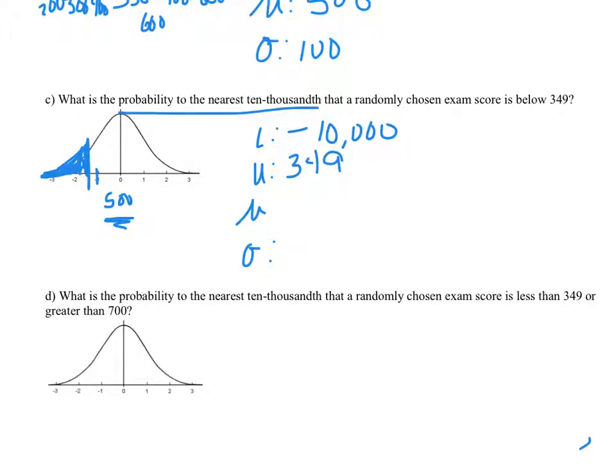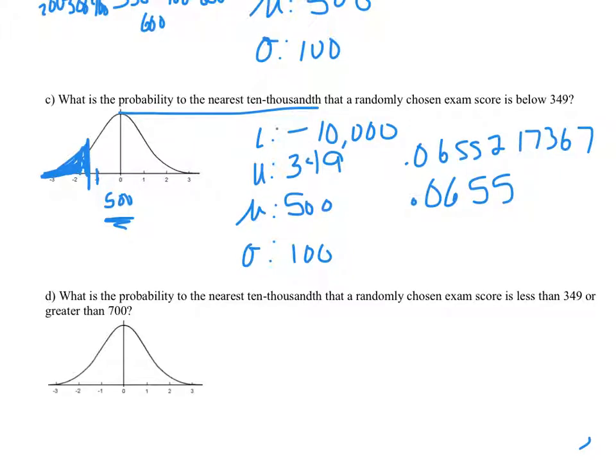So the upper bound is then 349. The mean is still 500, and the standard deviation is still 100. Just do your normal CDF and figure out that's your probability. It's 0.065521737. That's what I got.